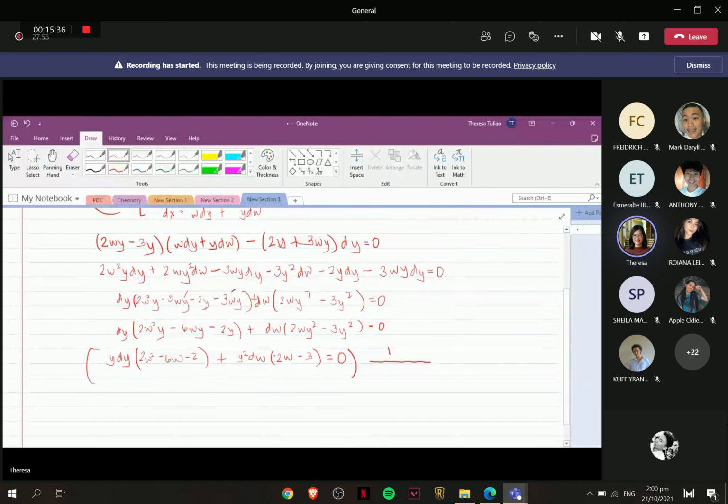Okay? So, ibig sabihin, i-divide natin yan by 2w squared minus 6w minus 2, which is this term, multiplied by y squared.